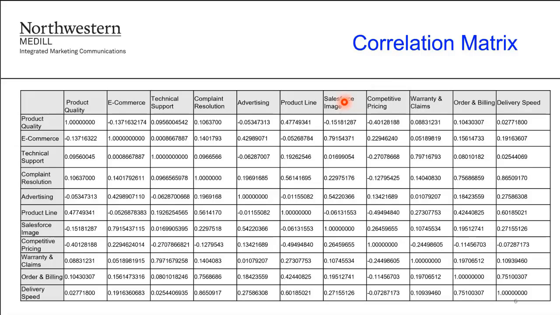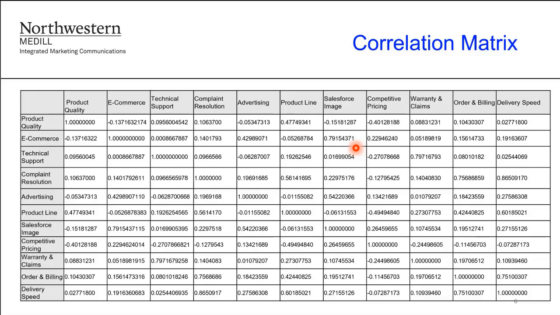If you look at this correlation matrix, what we can see is that there is a high correlation between the sales image, the Salesforce image, and the e-commerce. The correlation between those two is 0.79, which is pretty high.